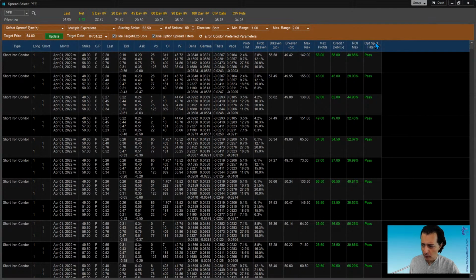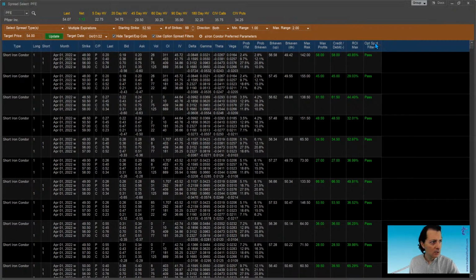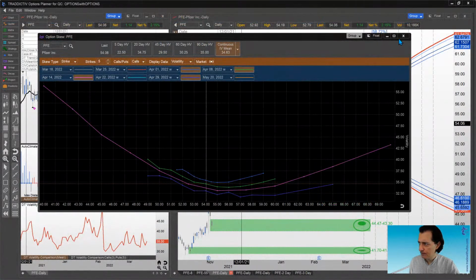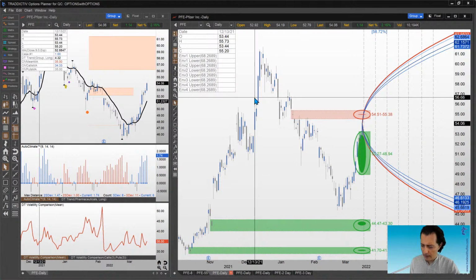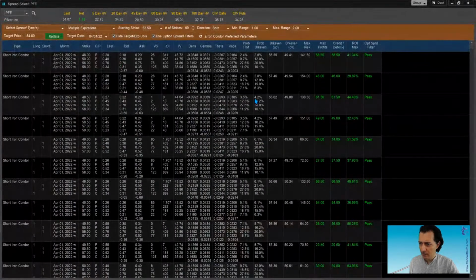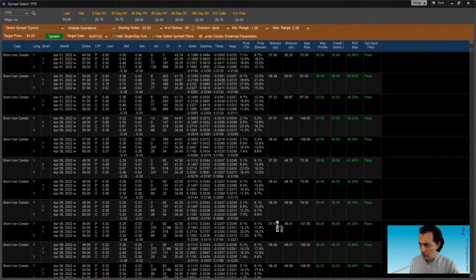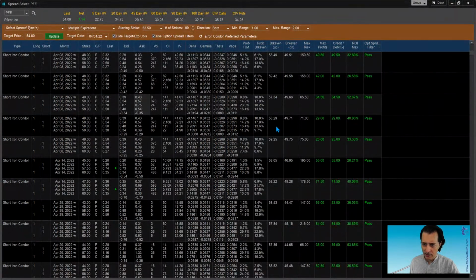So using April 1st, we have a few that pass the filter. So let's take a look at April 1st, which is right here. With April 1st, we are talking about 58 something and 49 something. So 56, 57, 58, but that's April 8.